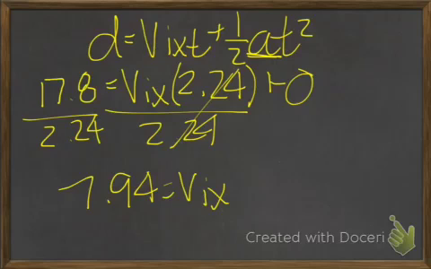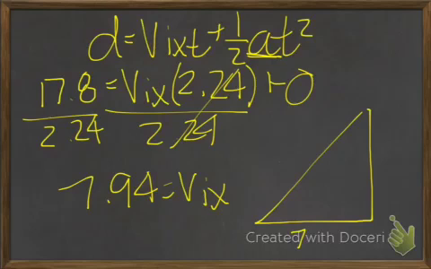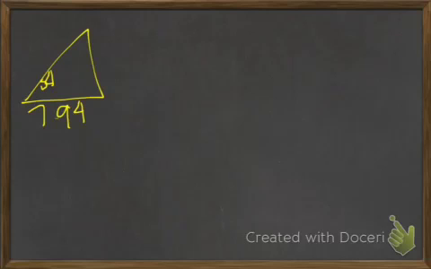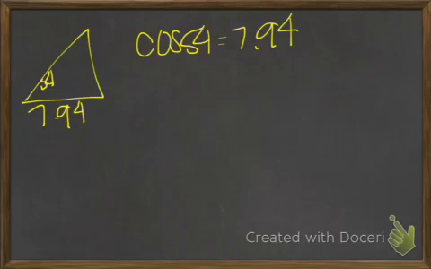That's all I need to be able to solve for my overall initial velocity. All I have to do is draw my triangle. This is 7.94. This angle here is 54 degrees. So all I have to do is use my function. So the cosine of 54 equals 7.94 divided by initial velocity.